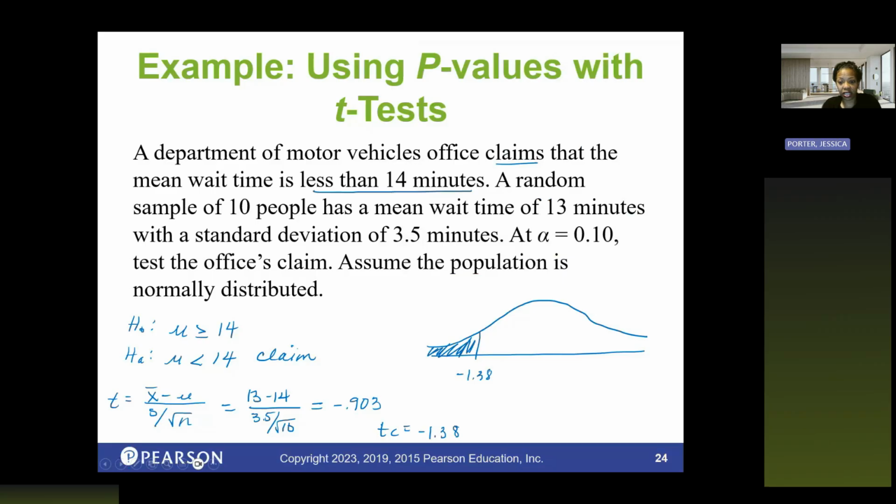What is our decision going to be? Then the rejection region, right? So negative 0.903 is somewhere there. So we're failing to reject.